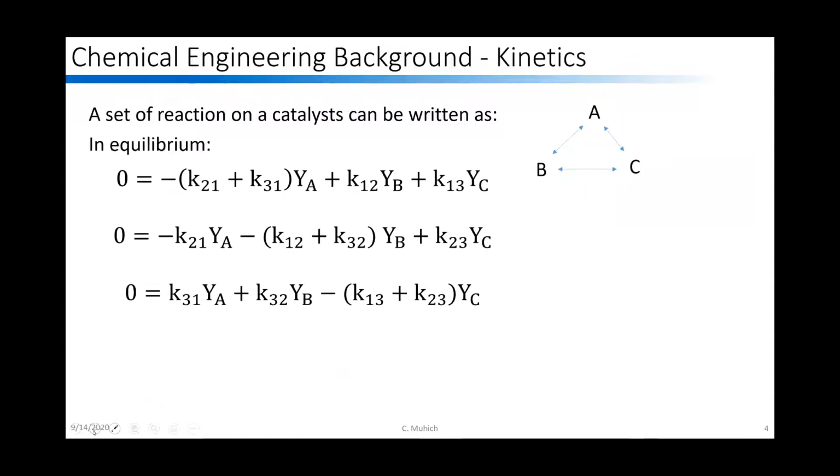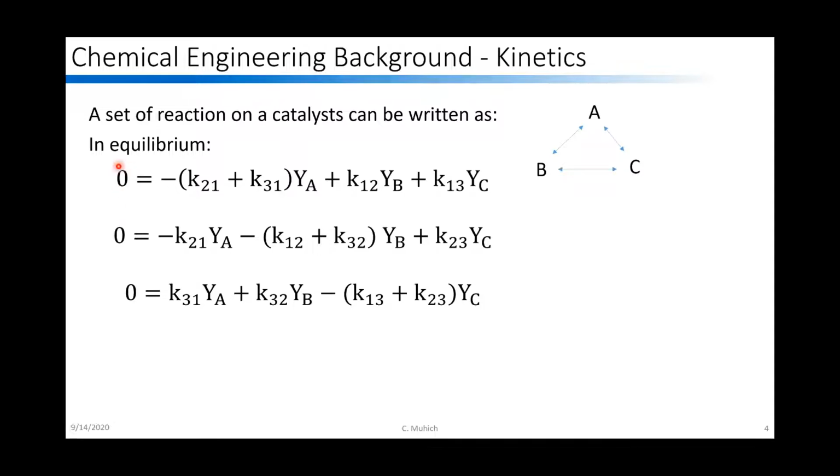And particularly, if I'm interested in looking at what the concentrations of this system would be at equilibrium, I need to find the case where those differential equations, dyA, dyB, dyC, are all equal to 0.